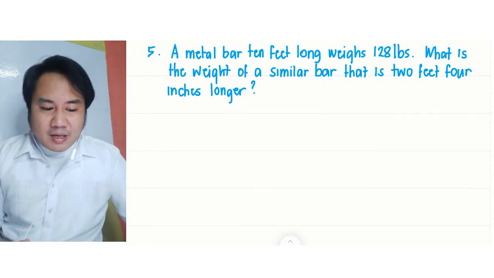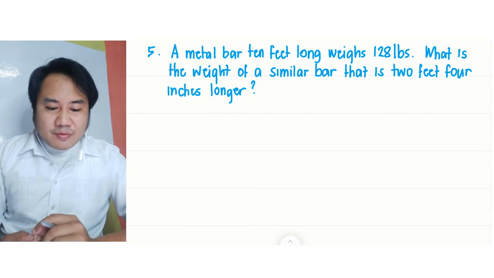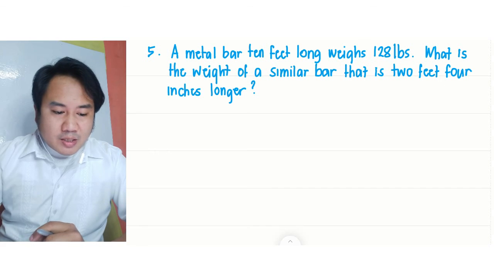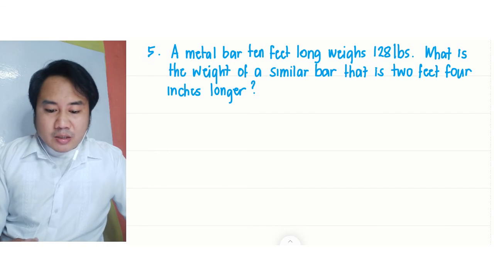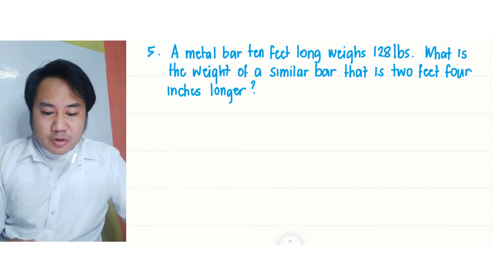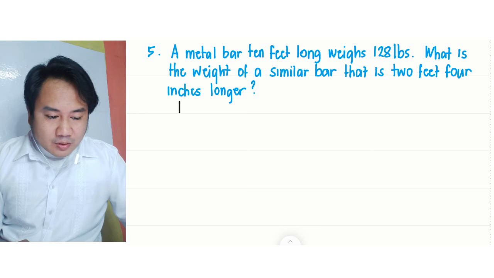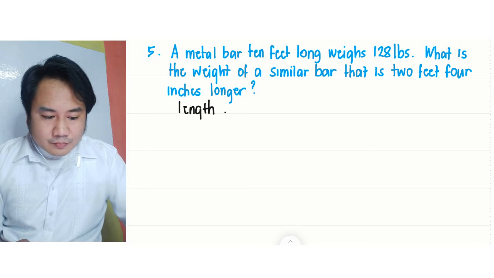Last, number 5. A metal bar 10 feet long weighs 128 pounds. What is the weight of a similar bar that is 2 feet 4 inches longer? So we are comparing the length and the weight of the bar.